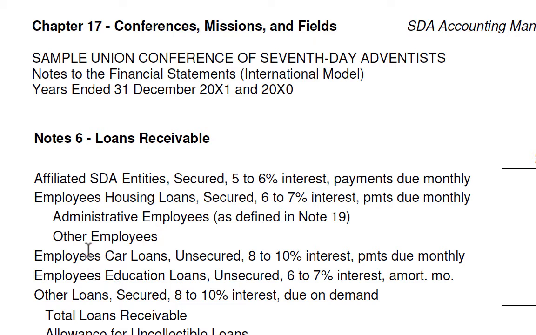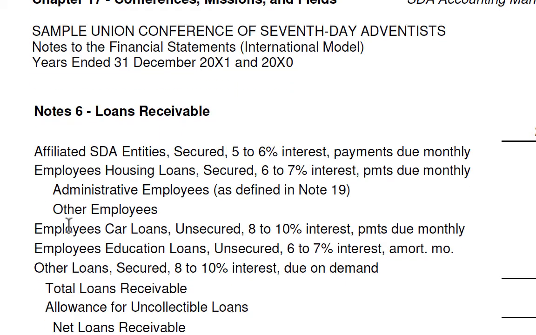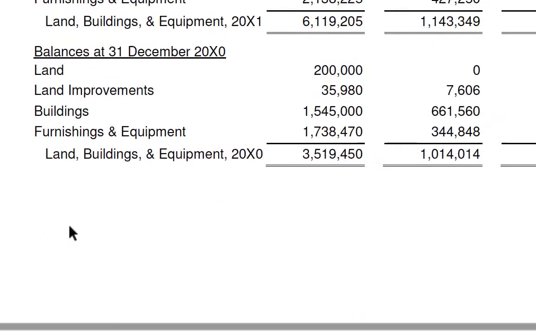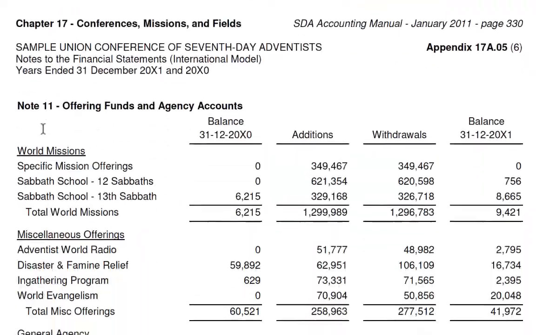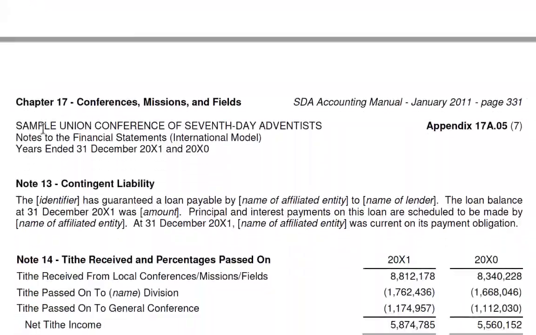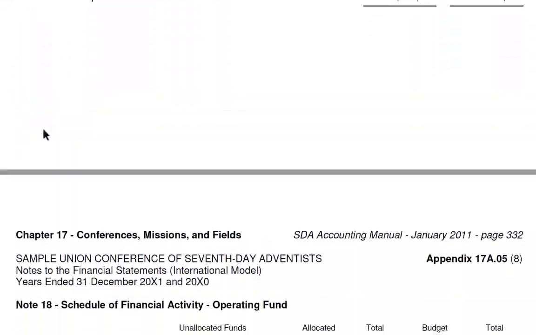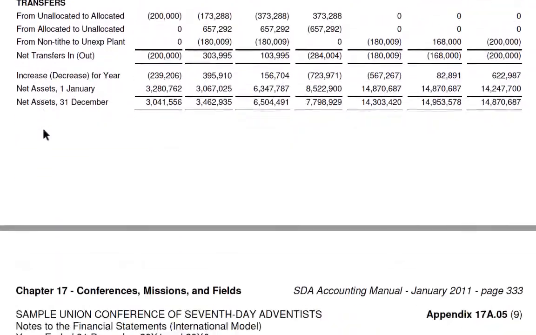So you would have this type of breakdown under every category of loans. If you have a loan from an administrative employee, it has to be shown separately. Likewise, in the accounting manual, we have the note over here on the compensation for administrative employees.